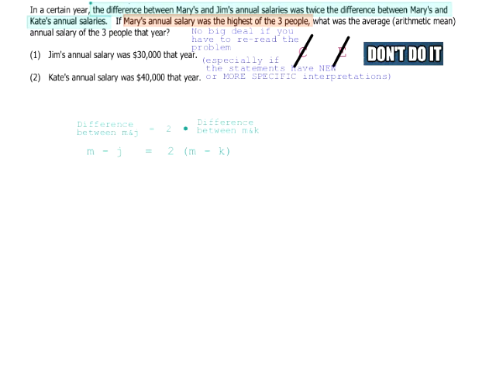Now, what is the goal of the problem? Okay. The goal of the problem, because it is data sufficiency, is that you don't really care about the over 3 part, because that's incidental.